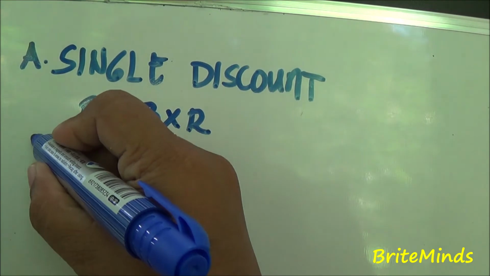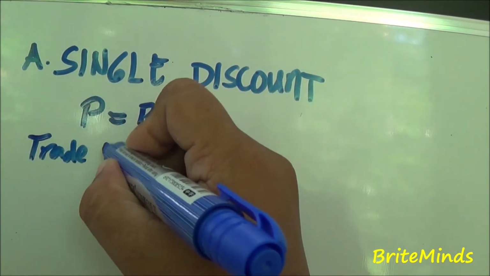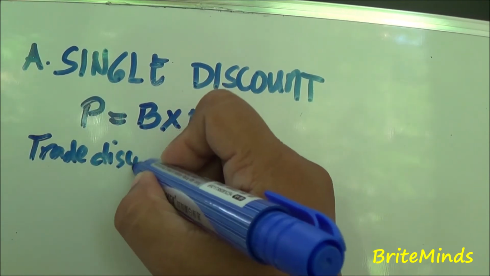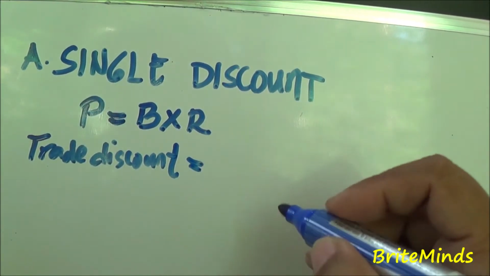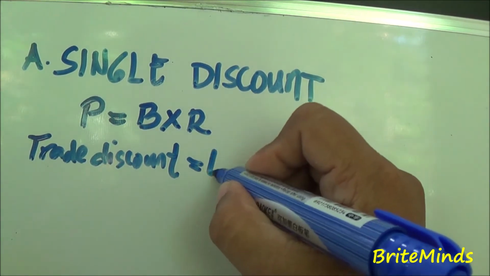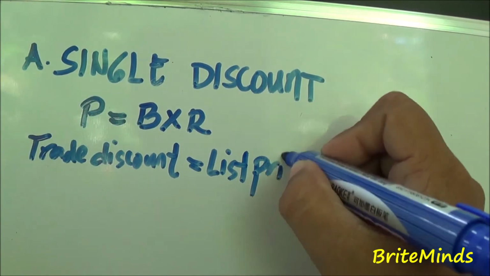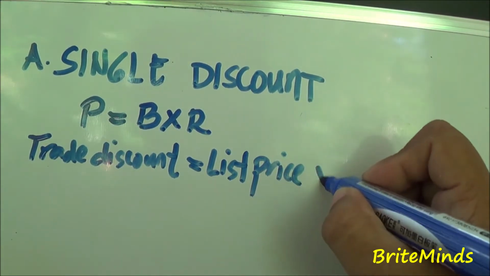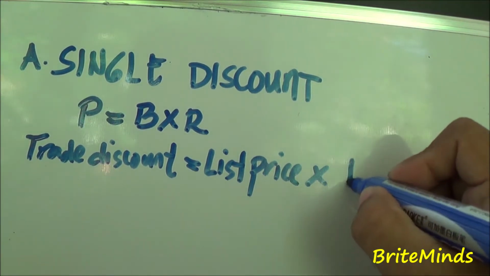For single discount, this is the formula: trade discount equals the list price, which we already know, multiplied by the discount rate.